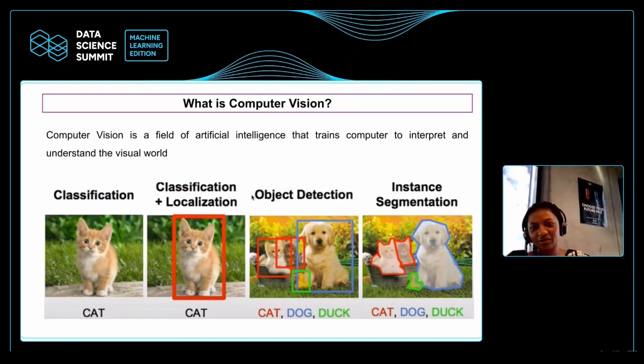Also, we have object detection. For people that are not aware, object detection has to do with when you have more than one object in an image.